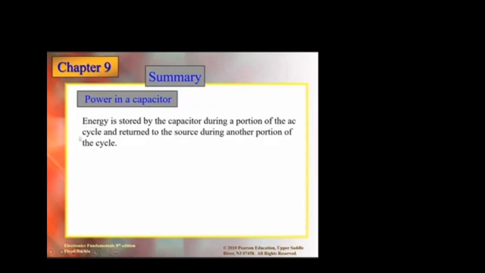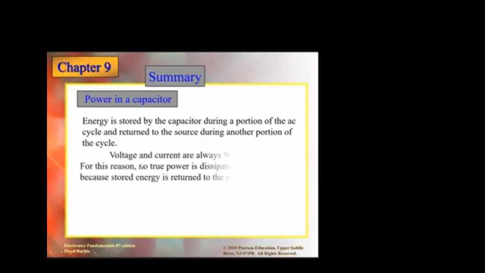Okay, then power in a capacitor, which is again interesting. Energy is stored by the capacitor during a portion of the AC cycle and returned to the source during another portion of the cycle. Once it is charging, it is consuming; in the other half of the cycle, it returns. Voltage and current are always 90 degrees out of phase.